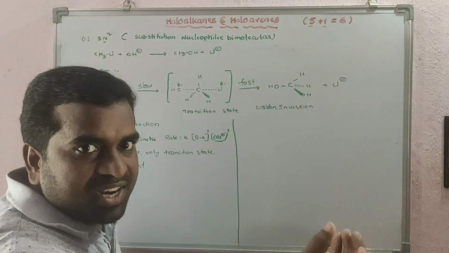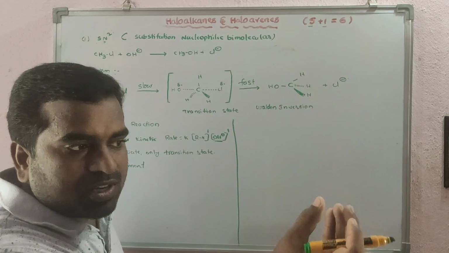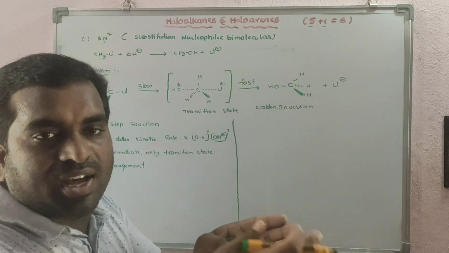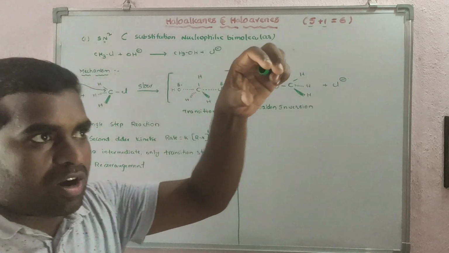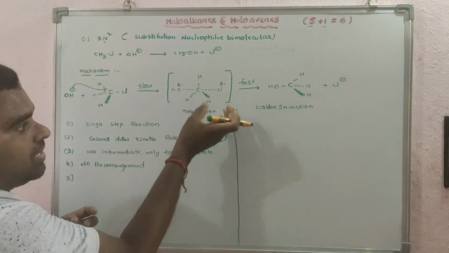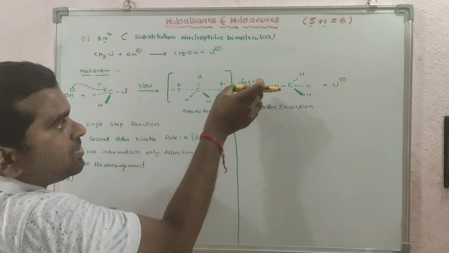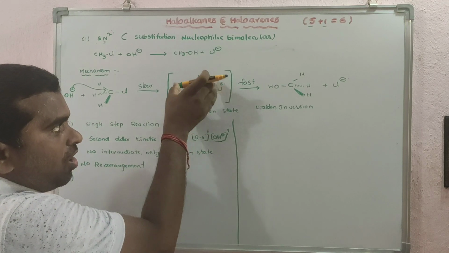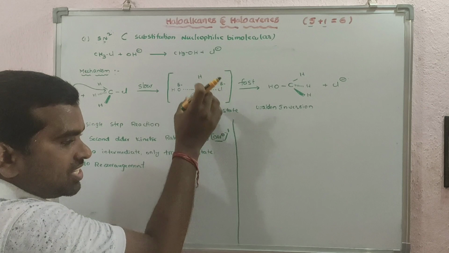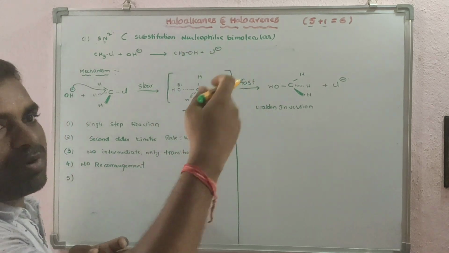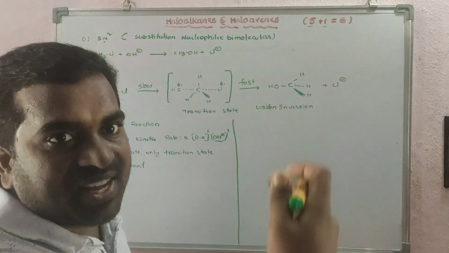If charge density decreases, stability increases. Charge and stability are inversely related. If charge is low, stability will be high. So if electron withdrawing groups are present, then charge on this transition state decreases, charge density decreases, then stability increases, then speed of the SN2 reaction increases.